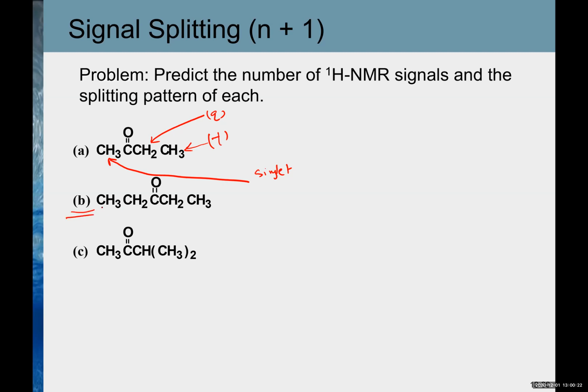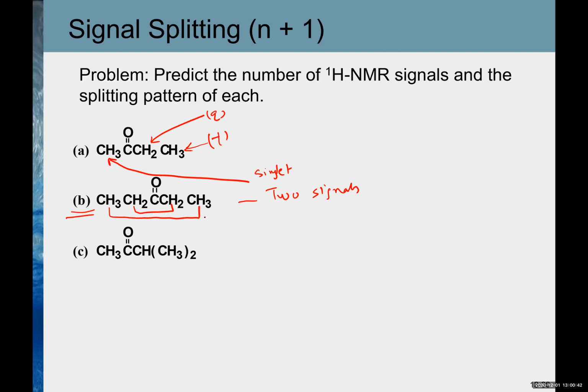In B, first tell me how many signals I expect to obtain. Just 2, because there is symmetry. Yes, 2 signals, because there is a symmetry. So these 2 are equivalent, and then these 2 are equivalent.